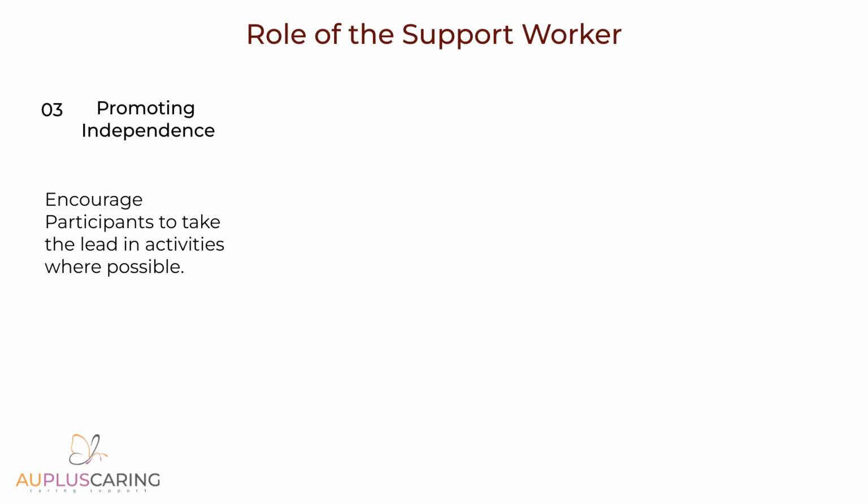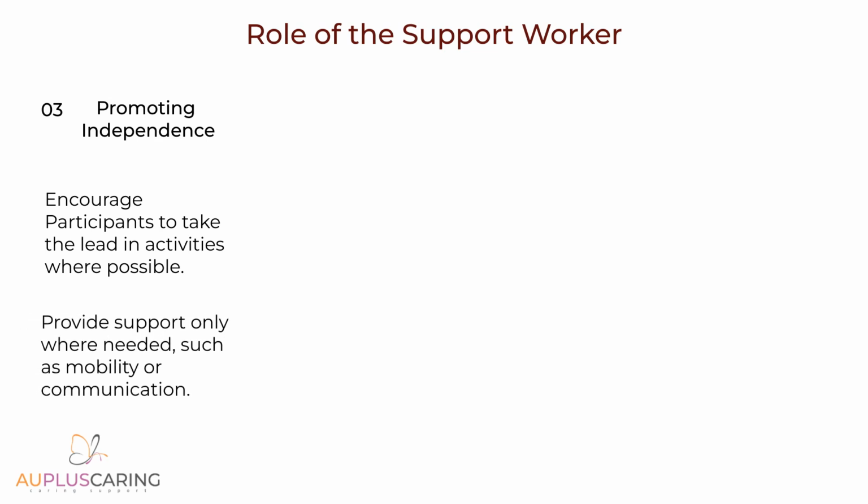One of your most important responsibilities is to encourage participants to take the lead wherever possible. Support should be provided only when it's truly needed, such as assistance with mobility or communication. Your goal is to empower the participant, not to take over. Even small steps towards independence can have a big impact on confidence and well-being.